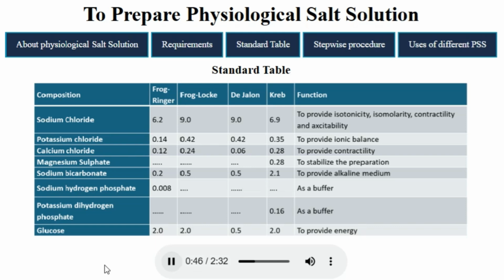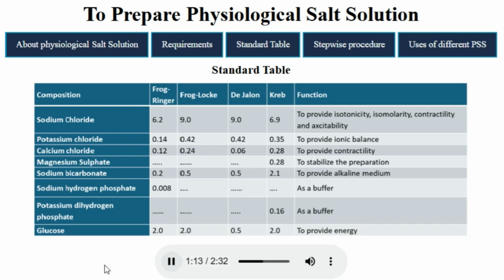Composition: calcium chloride. Frog Ringer 0.12. Frog Locke 0.24. De Jalon 0.06. Krebs 0.28. Function: to provide contractility. Composition: magnesium sulfate. Frog Ringer 0. Frog Locke 0.